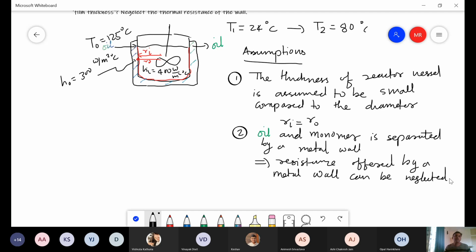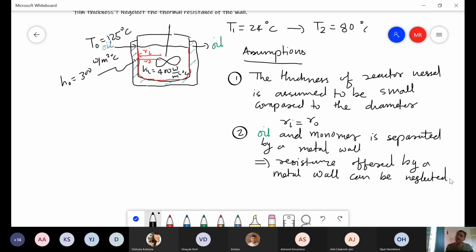Is it clear to everyone why these two assumptions are used? Isn't it? That is why the outer radius as well as the inner radius of the reactor is not given, isn't it? You can calculate the inner radius if you wanted to, because the volume of the reactor is given, but the length is not given, so again you will not be able to calculate.